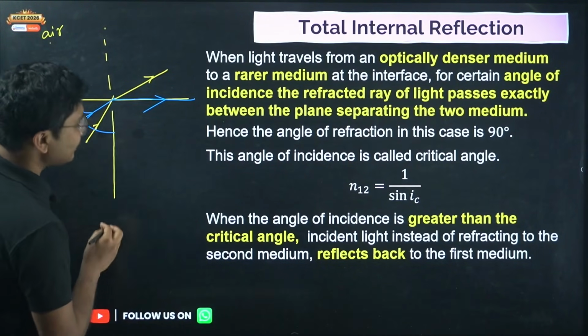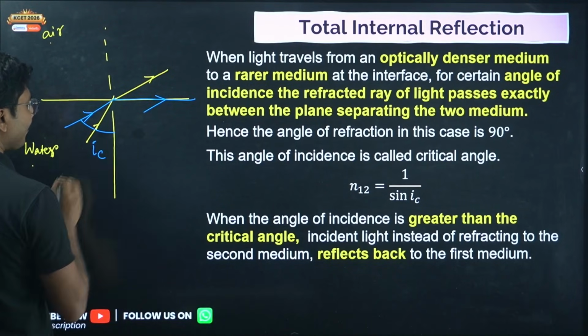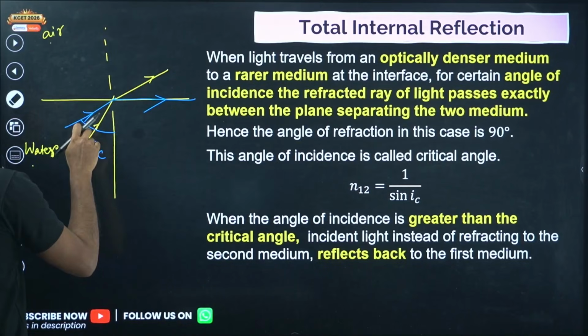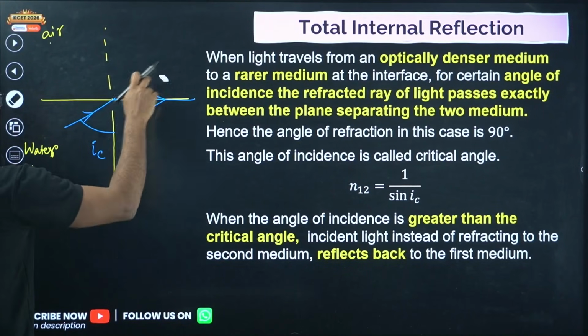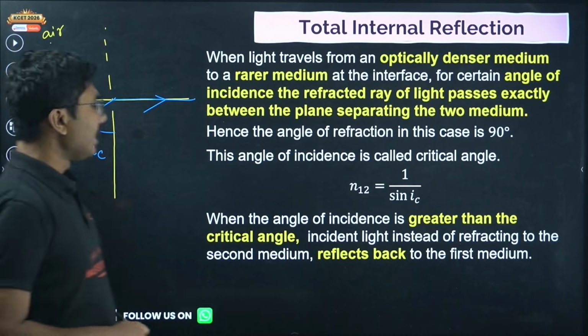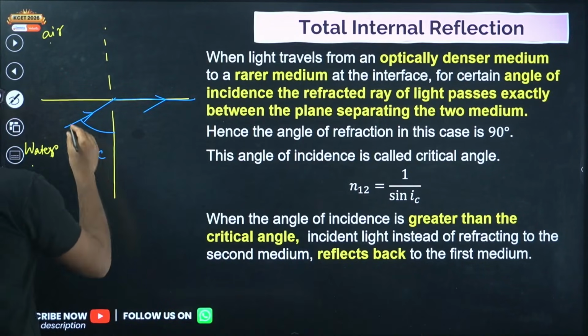Critical angle is represented by theta c or IC. So this angle is IC. We are not interested in any other angle, but it is just for explanation. Now what will happen if you still increase the angle of incidence?